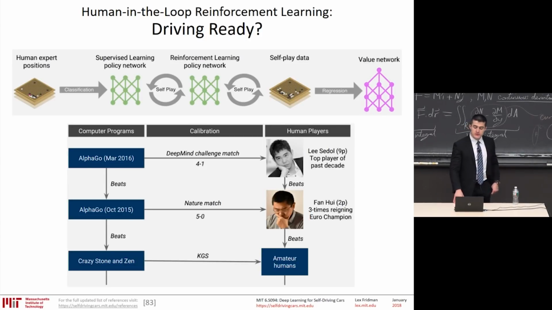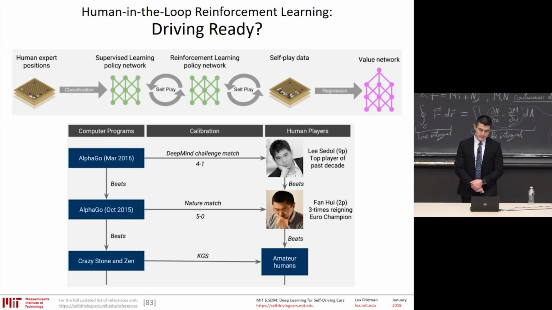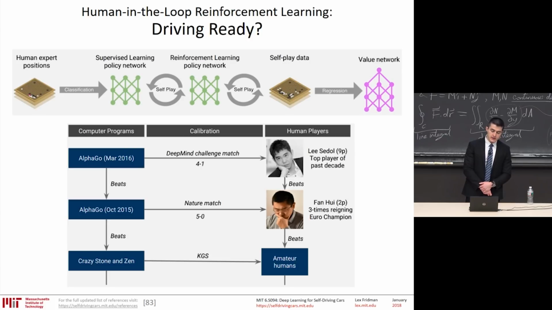So the question that will come up throughout is whether these reinforcement learning approaches are applicable, or rather, if action, planning, control is amenable to learning. Certainly, in the case of driving, we can't do what AlphaGo Zero did.